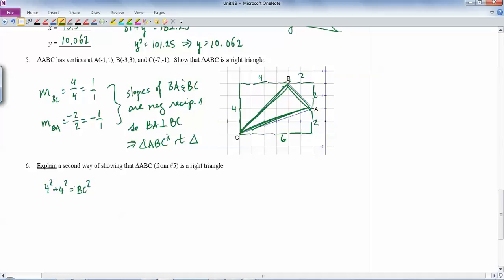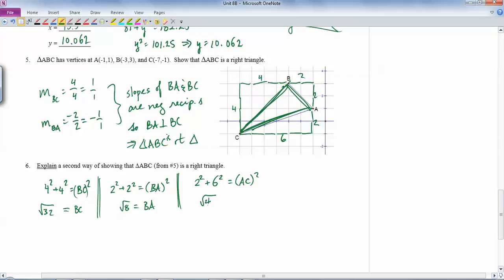And then if you solve that, you'll get BC equals root 32. And then with BA, you got 2 squared plus 2 squared equals BA squared. So that's 4 plus 4, and then you take the square root, you get root 8 is BA. And then with AC, you got 2 squared plus 6 squared equals AC squared. And that's 4 plus 36, and then you take the square root, you get root 40 is AC.